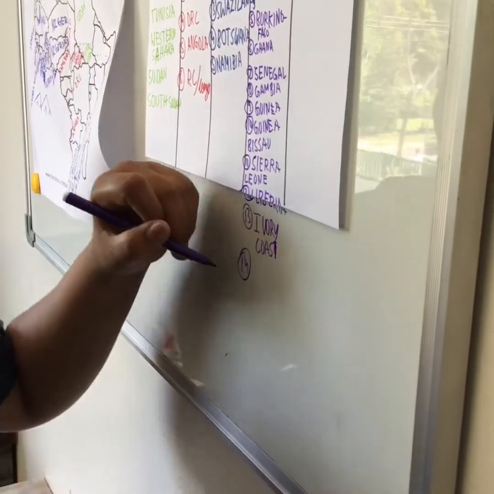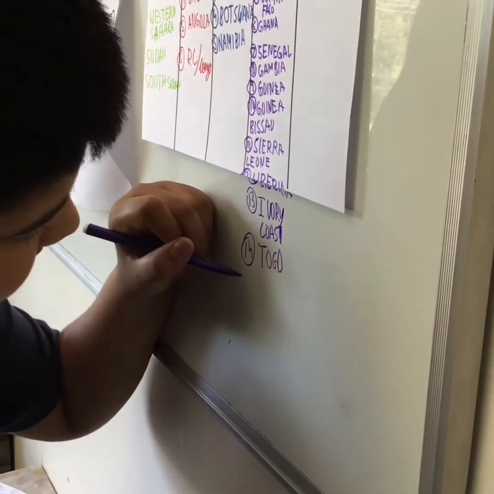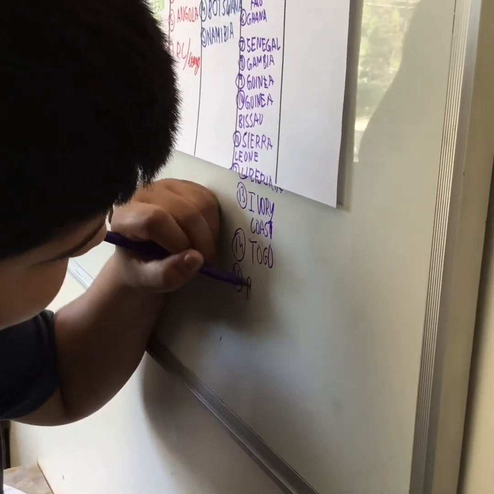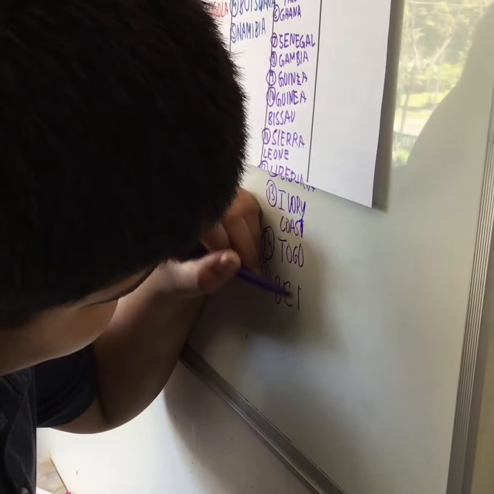And the 14th country is the two countries Togo and Benin, which can be learnt as "to begin". So Togo and Benin.